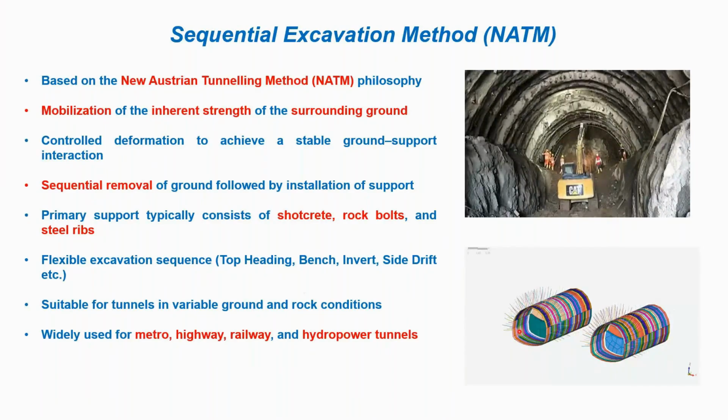We can excavate the face in different kinds of sequence, like the top heading, bench, invert, side drift, etc. Due to this flexibility, this approach is suitable in variable ground and rock conditions. These are also widely used for metros, highway, railway, and hydropower tunnels.